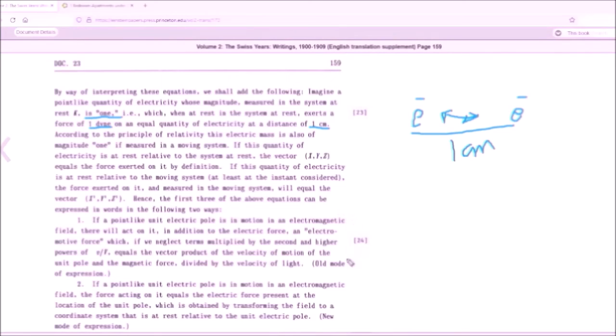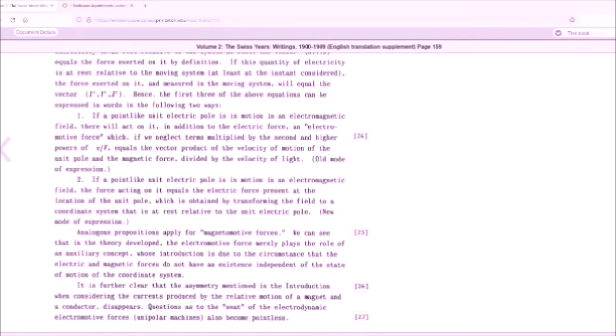This is the way he is going to explain the transformation from one frame to another to reach a conclusion that does not make any sense, like many of the conclusions reached by Einstein that don't belong to physics. Let us see the explanation.